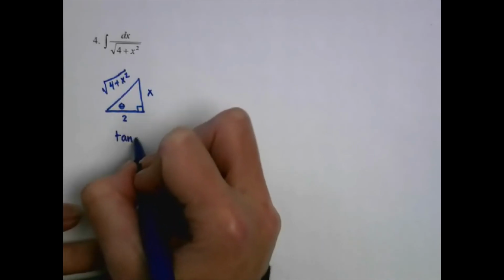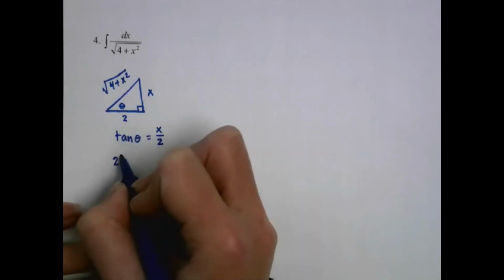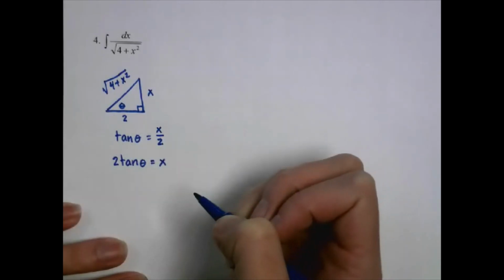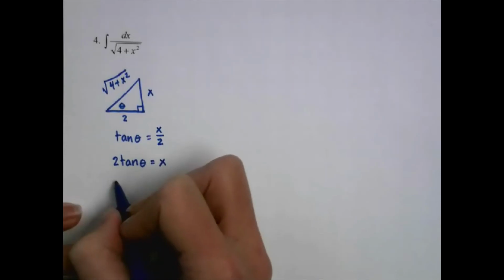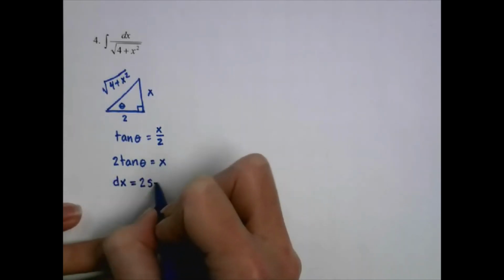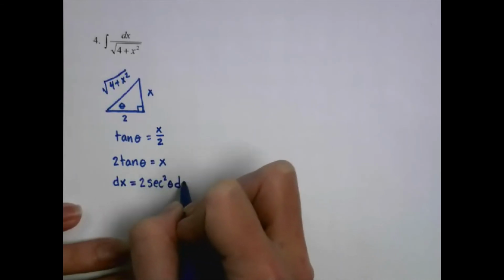So tangent of theta is equal to x over 2. 2 tangent theta equals x. And that's what we'll substitute in here. dx is going to be 2 secant squared theta.